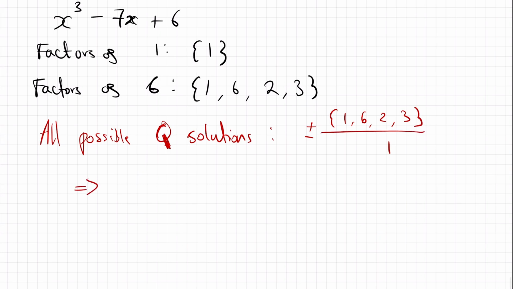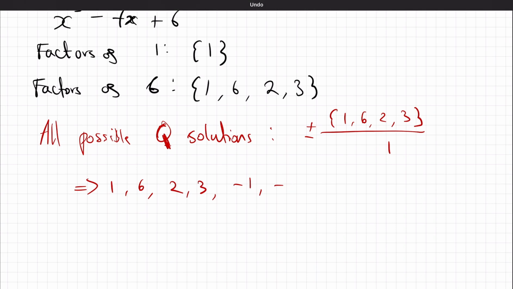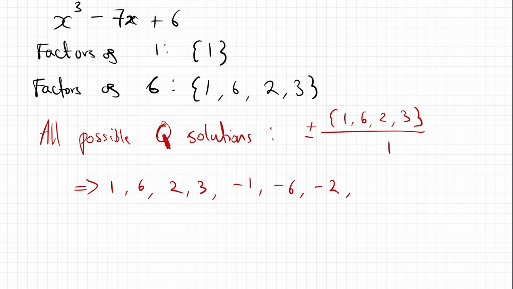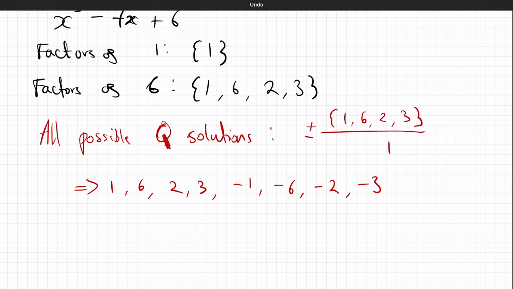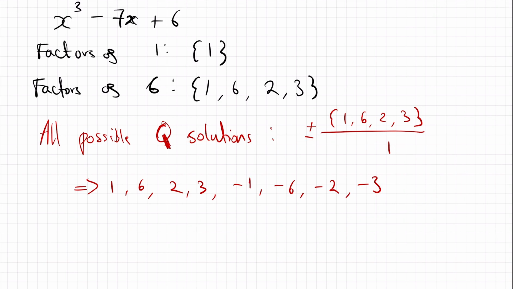So what that comes out to is our possible solutions are going to be 1, 6, 2, 3, and then the negative versions of all of those, just like that. So obviously you still need to try all of these, but this narrows down your search so much, because you might have to otherwise test out every single number, but now you know that it can only be these if it's going to be rational.